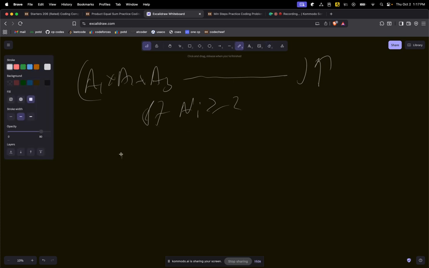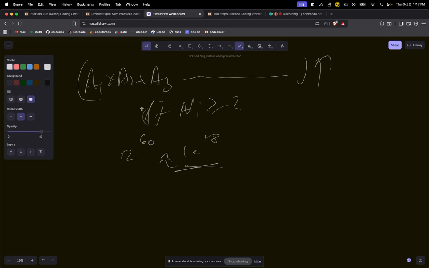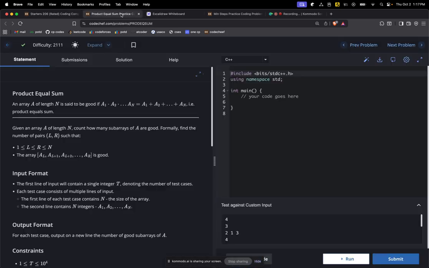What I mean by very large is that 2 raised to the power 60 is around 1e18, we saw this in the last question also. So if all these a_i values are greater than or equal to 2, you have to only consider a window size of 60, because of how much the sum of the array can go. This is the mathematics that we know.